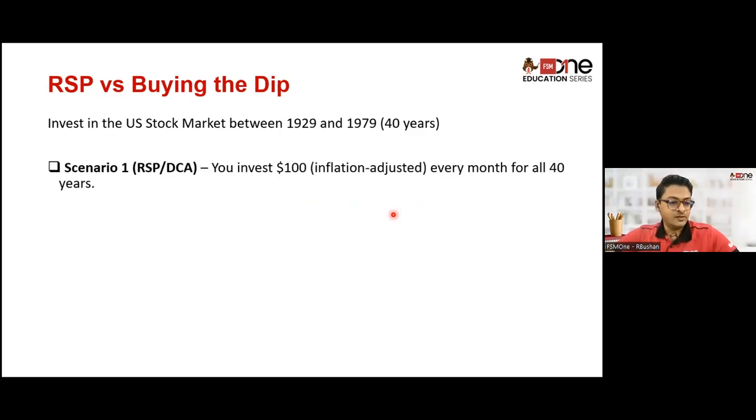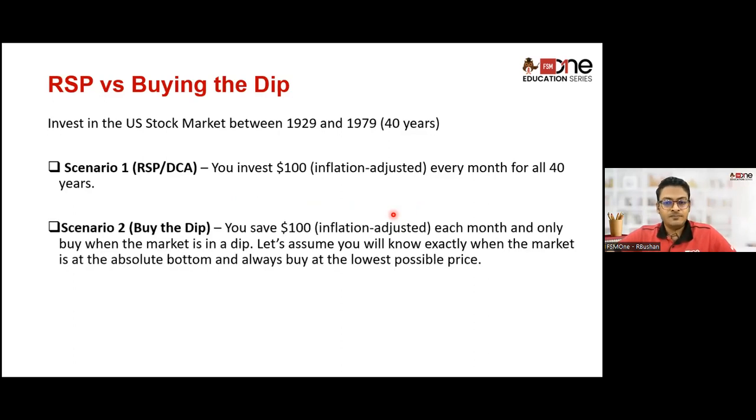Either use the RSP method, which is the DCA method, where you invest diligently $100 or ringgit every month for 40 years. Or you do the same thing, you also invest $100 every month, but you buy during the dip.